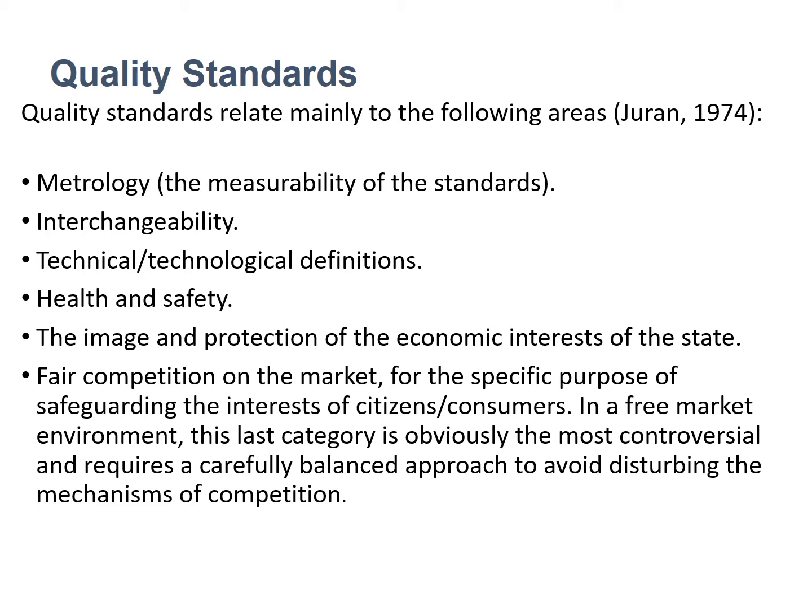In a free market environment, this last category is the most controversial and requires a carefully balanced approach to avoid disturbing the mechanisms of competition. But you do need these quality standards in business.